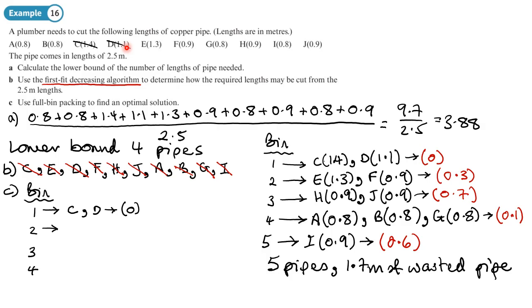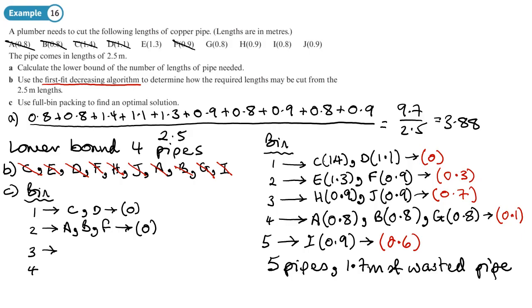Any others that go together? Now I know three 0.8s make 2.4. So two 0.8s and a 0.9 is going to make 2.5. So A, B and F will do. So A, B and F, there's going to be no wasted pipe there.